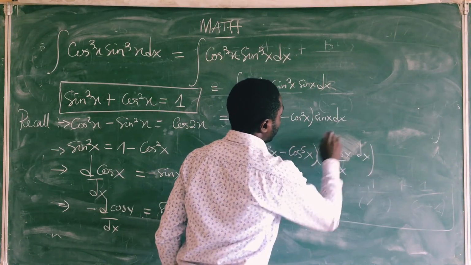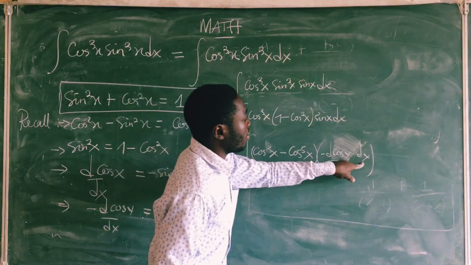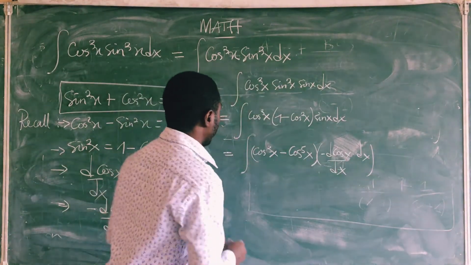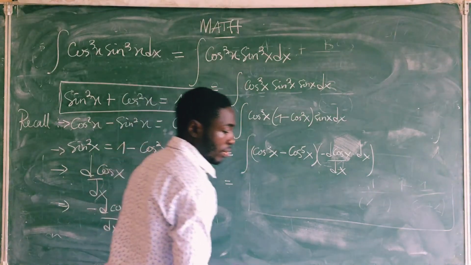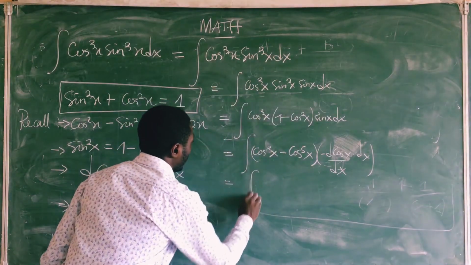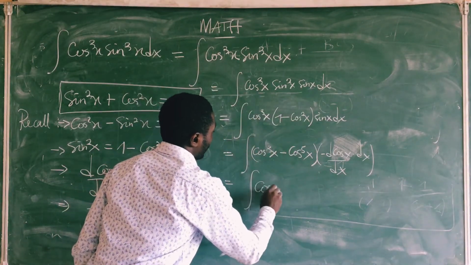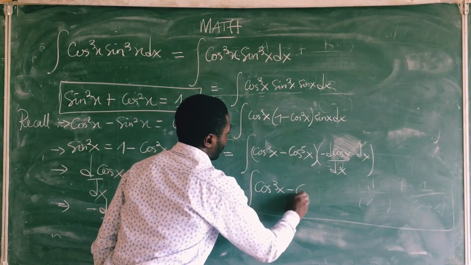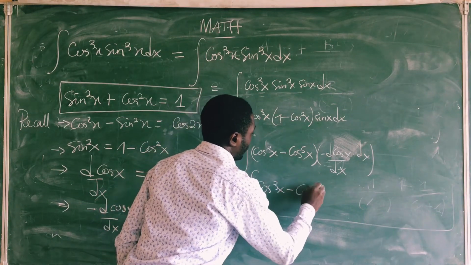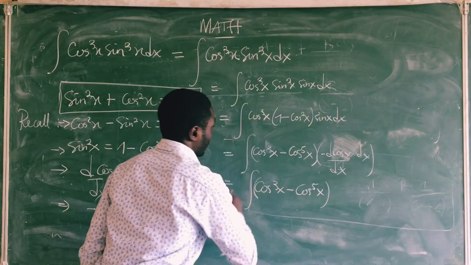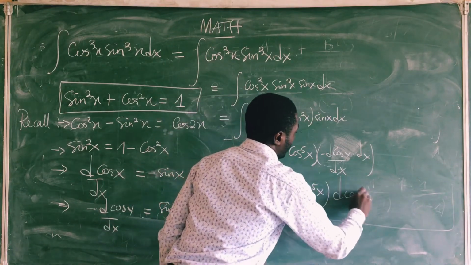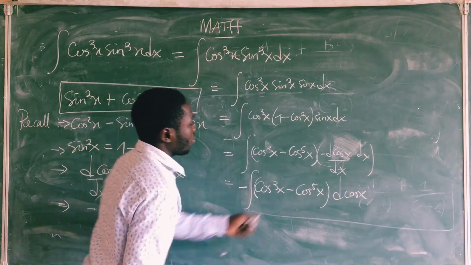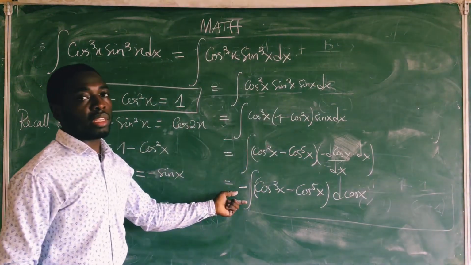This other dx is going to be here, so this dx takes care of dx, and I'm going to be left with the integral of cos cube x minus cos to the 5x d cos x, and of course I can bring out this negative sign this way.